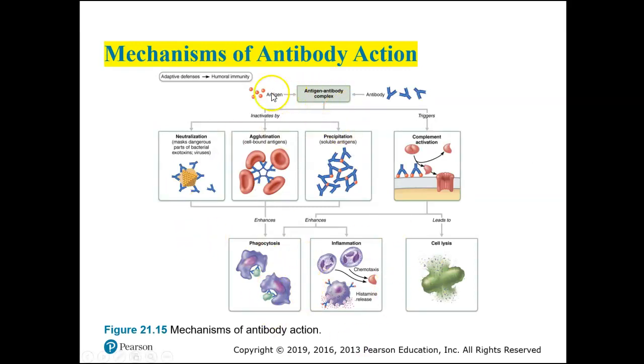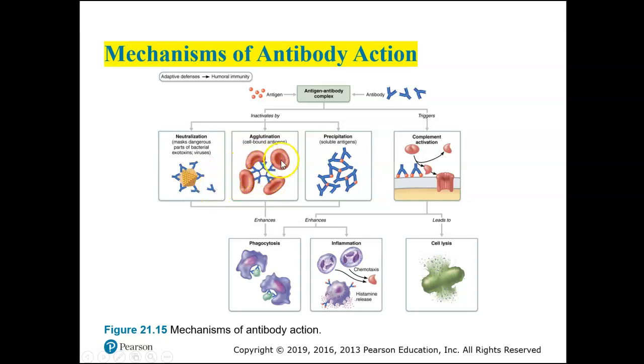Once the antibody binds to an antigen, it can neutralize the antigen, because with many antibodies bound to that antigen, it can't really affect other cells. It becomes not dangerous anymore, or not pathogenic anymore.